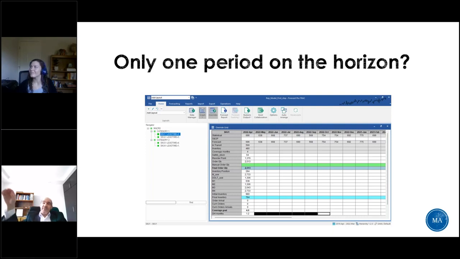There I have, of course, the statistical forecast, an S&OP line for overrides, the forecast data, in-transit inventory, on-hand inventory, goals for inventory coverage, 4 months in this example, safety stock calculation, reorder point, order quantities, and a lot of things there. But that's only one column.